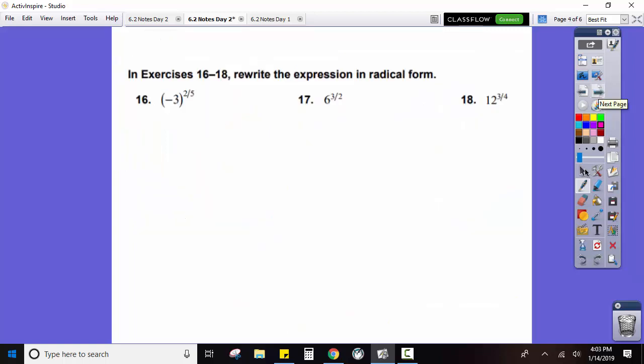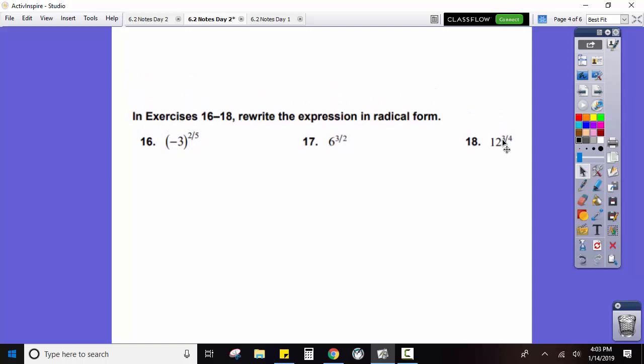Okay, now we're going to jump ahead and continue on what we looked at yesterday. So remember, if you're converting from radical form to rational exponent form, when we take radical form, you have the number inside the radical, and then you have an exponent. That is the same thing as the variable, with the exponent as the numerator and the number in the radical as the denominator.